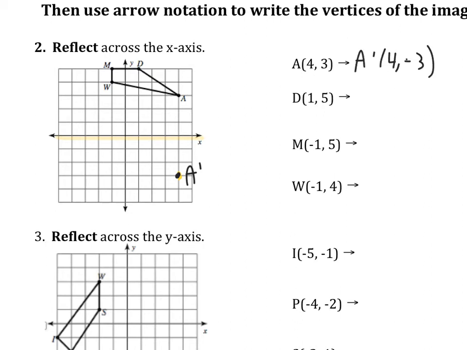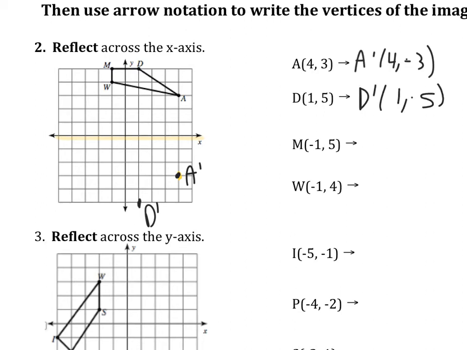Now let's do the same thing with the other points. D is 1, 2, 3, 4, 5 units above the x-axis. So I need to go 1, 2, 3, 4, 5 below the x-axis to get D prime. There's D prime. So D was at 1, 5, and D prime is at 1, negative 5.